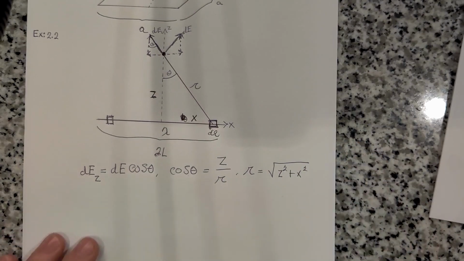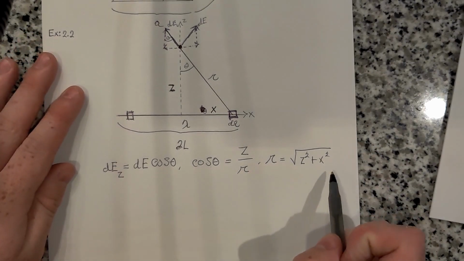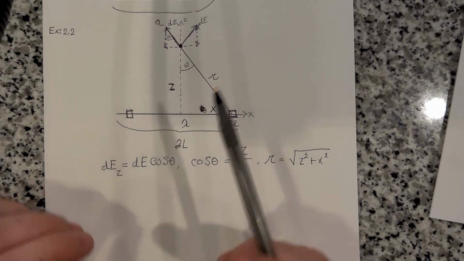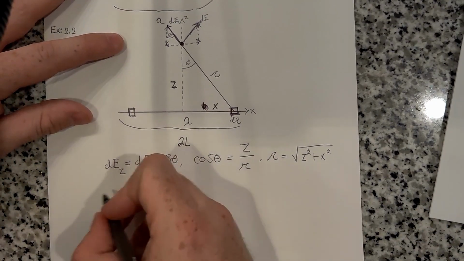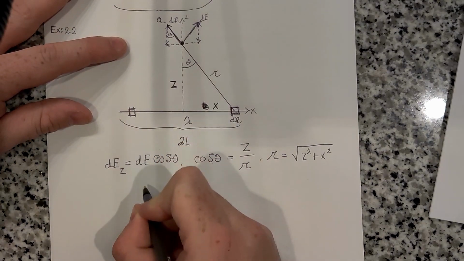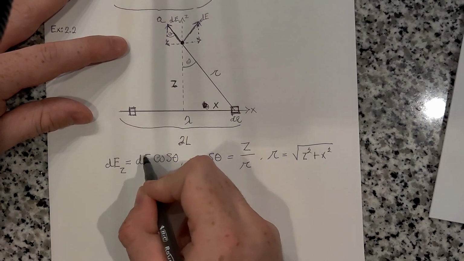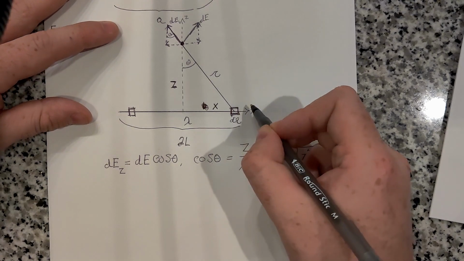A lot of these problems are starting to get very repetitive with all these different terms. Very similar, a lot of these problems are. And what is the magnitude of the small differential field produced by one of these infinitesimal charges?